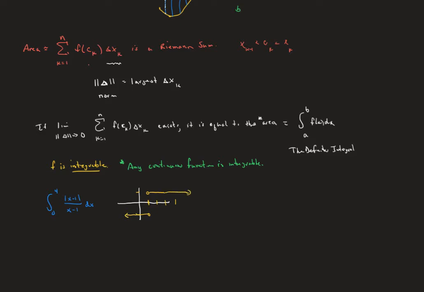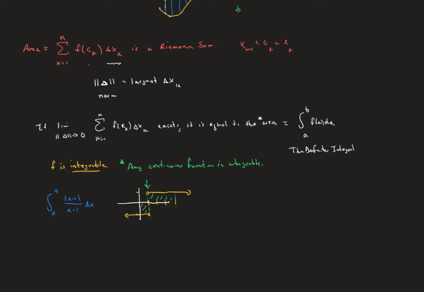Let me see if I can extend that curve a little bit. So it goes there. If we look at the area between the curve and the x-axis between 0 and 4, granted we're going to lose the area underneath that one point where this is undefined, but remember, a point from your geometry days is infinitely small, so it has no area.